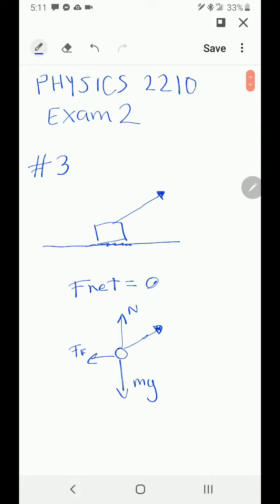One of these statements asks if mg is bigger than the normal force, or the normal force is bigger than mg, and if the friction force is bigger than the force exerted on the object.